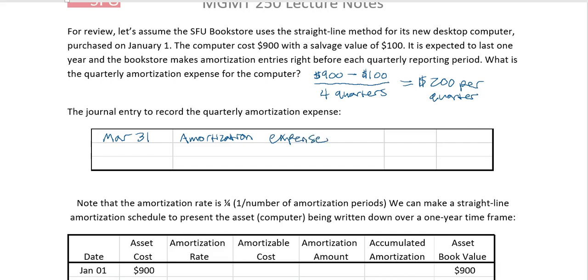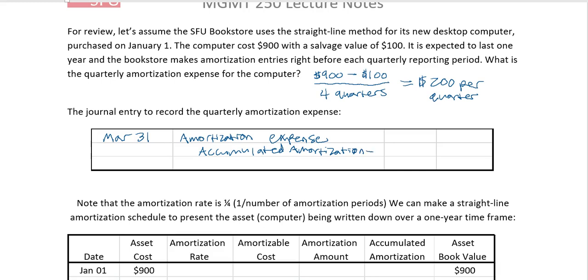Okay, so you should get amortizable value of 800 up top, 900 minus 100 salvage value, and then you should have 4 quarters as your denominator. Therefore, you should get $200 per quarter.